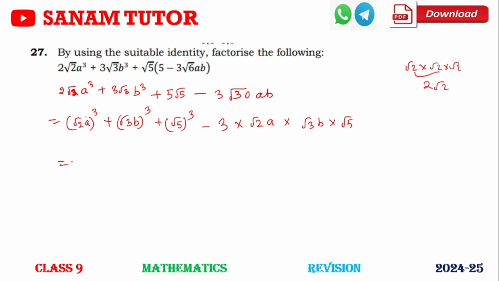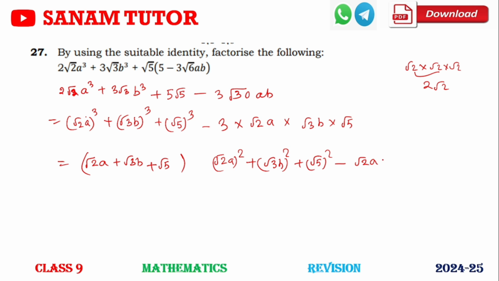Okay, this is which formula? a cube plus b cube plus c cube minus 3abc formula is a plus b plus c, that is root 2a plus root 3b plus root 5 whole, into a square plus b square plus c square minus ab, that is root 2a into root 3b, minus bc, root 3b into root 5, minus ca, that is root 5 into root 2a bracket.